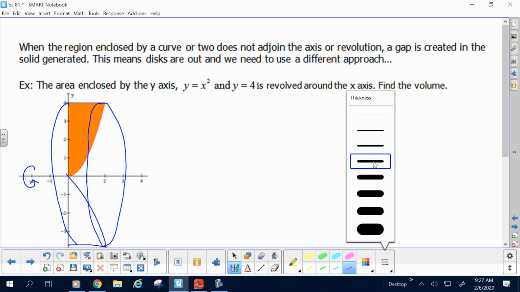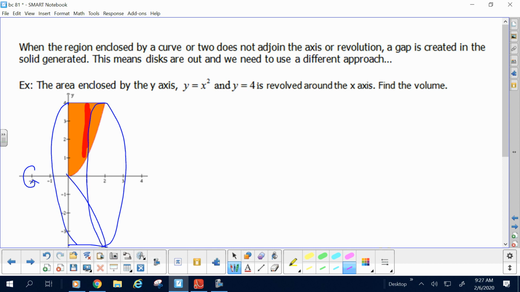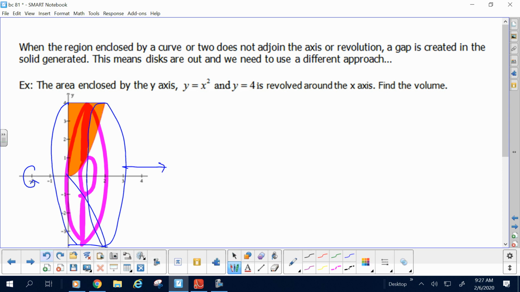So imagine a rectangle. If I revolve that rectangle, it would have a big hole right down the middle, right? Let's draw it up. It would look like this.